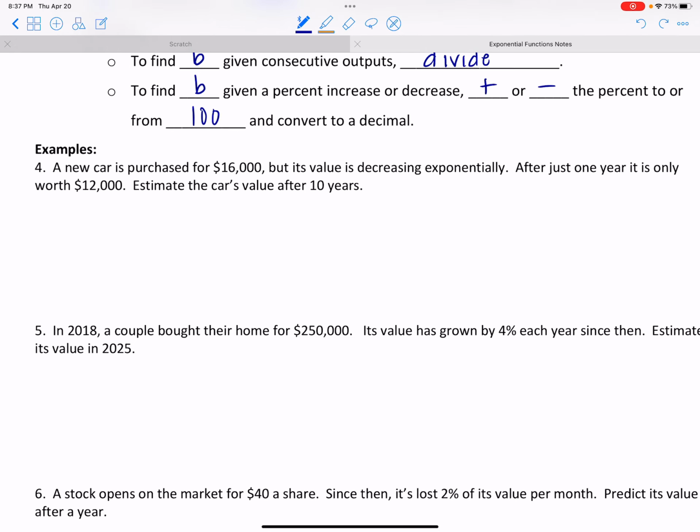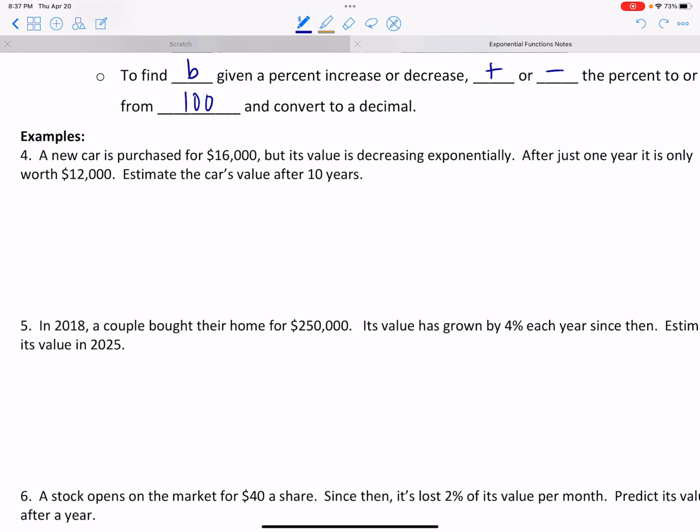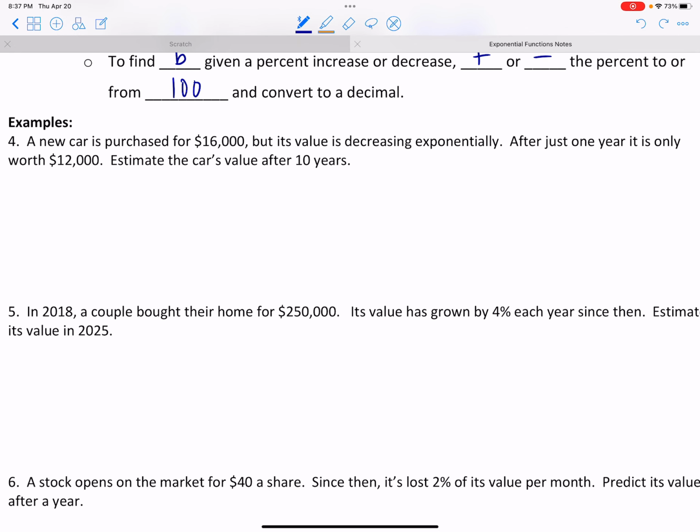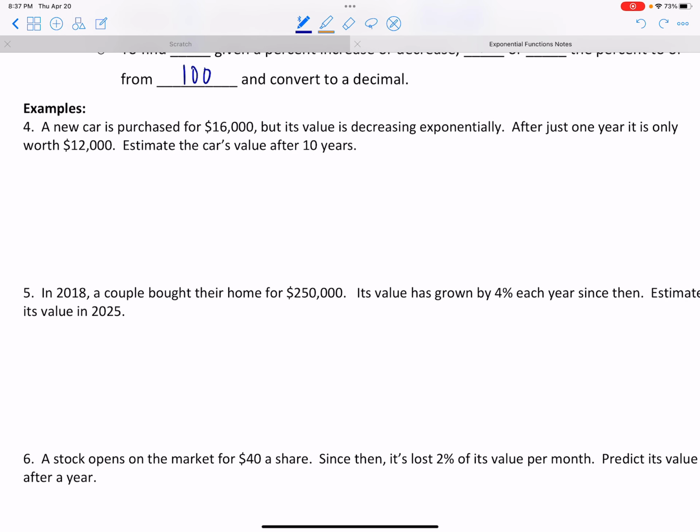A new car is purchased for $16,000, but its value is decreasing exponentially. After just 1 year, it is only worth $12,000. We want to estimate the car's value after 10 years. While I could make a list of these values and try to find the pattern and do it that way, writing an exponential function to model this would make it very simple.